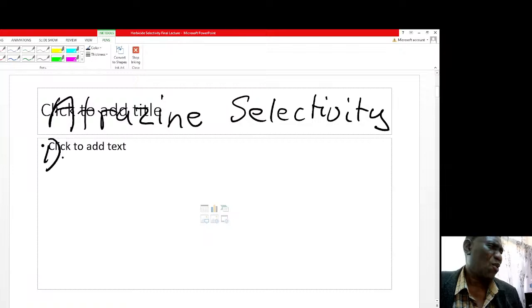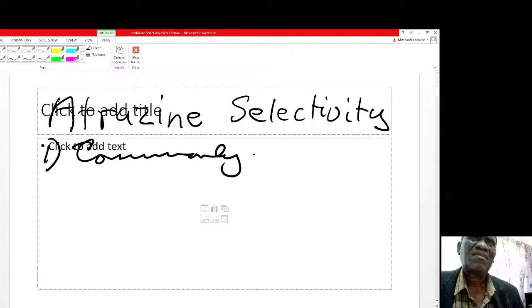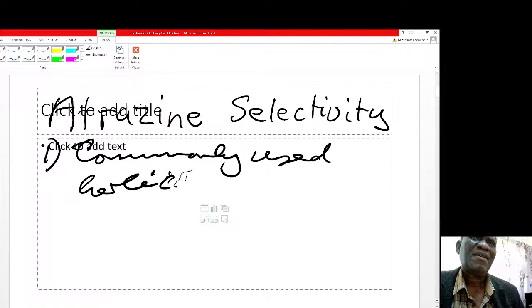This is a commonly used herbicide in maize.